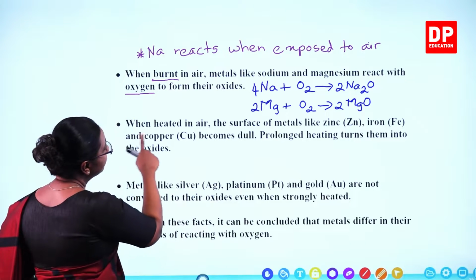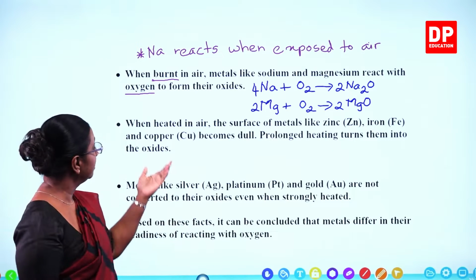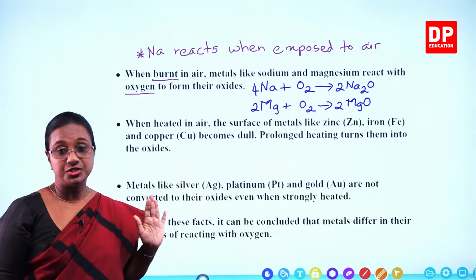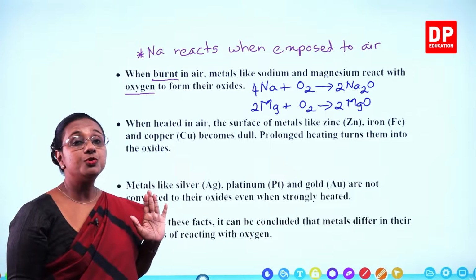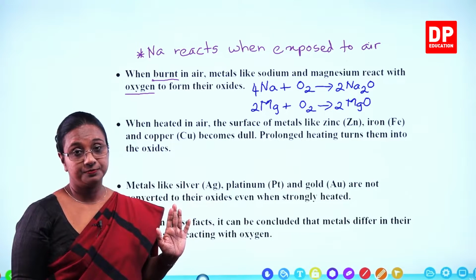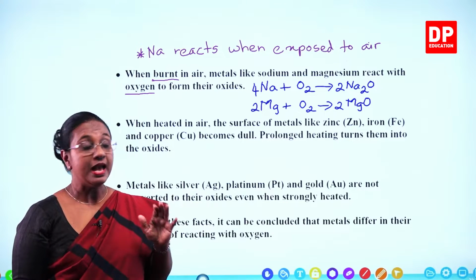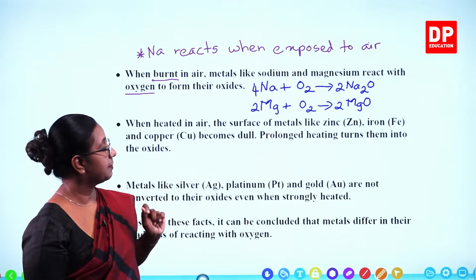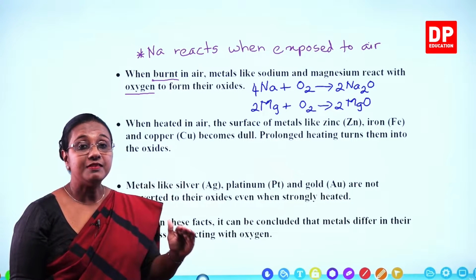Then, if we look at other metals, like zinc, iron and copper, these metals also have a shine. They have a lustrous nature, and when exposed to air, they don't immediately react with oxygen. But when you heat them strongly for a long time, you will see the color tarnish.